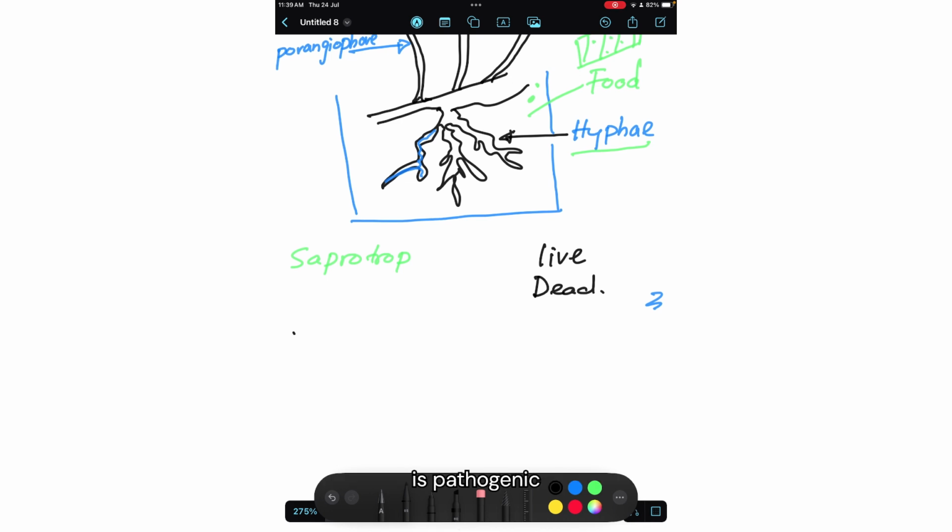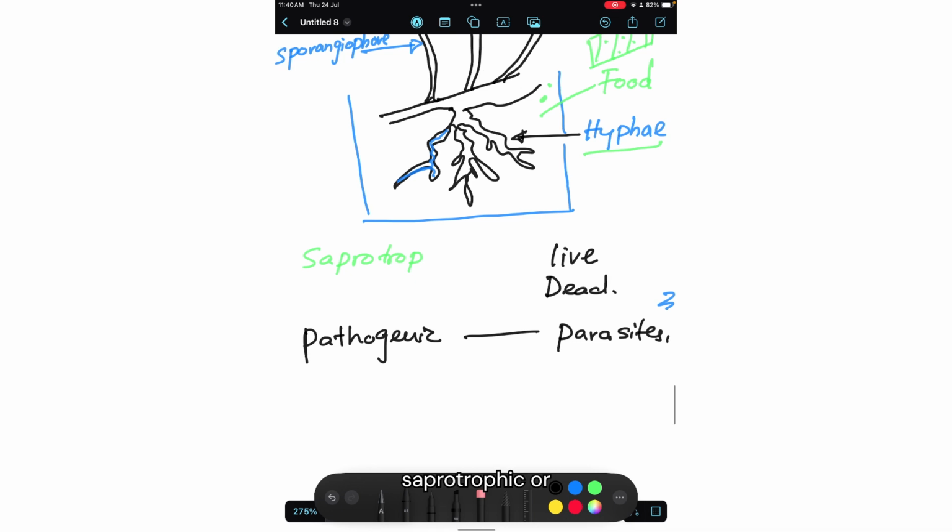And the other one is pathogenic. Pathogenic fungi we call parasites.